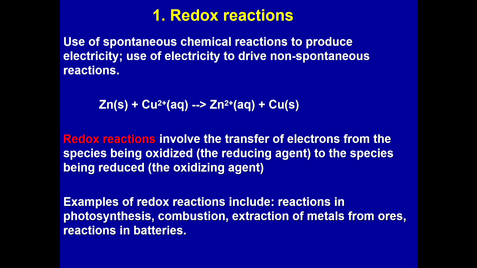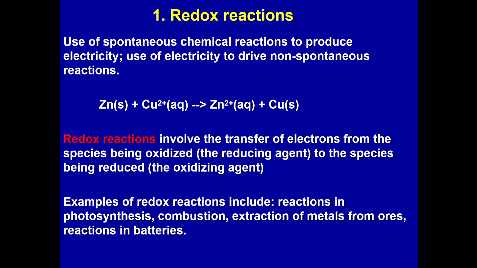Free energy. If delta G, the change of the free energy, is more than zero, is the reaction spontaneous or not?